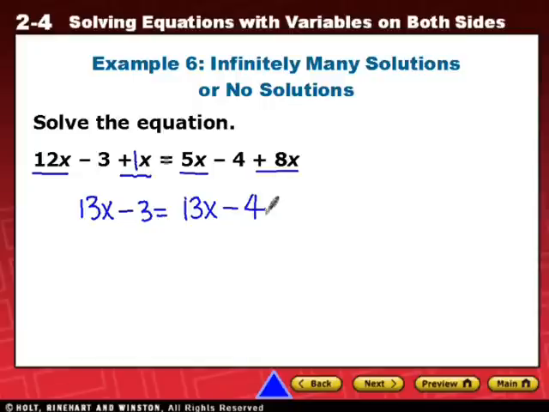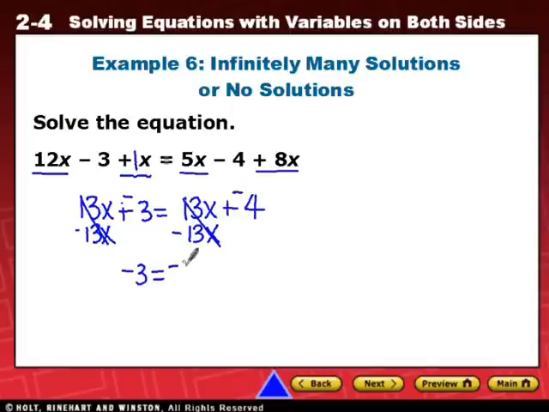Now, if you accidentally start moving things to the left or the right before you combine them, it's still going to work out. You're going to find out that eventually all your variables cancel out, and you're left with maybe a slightly different equation than what I have here, but it's still going to be false.